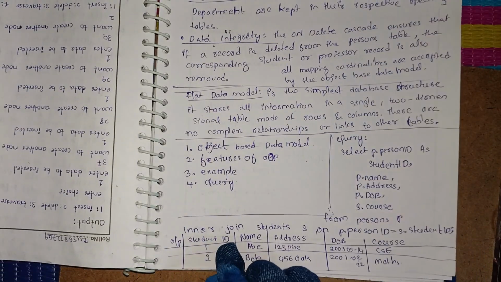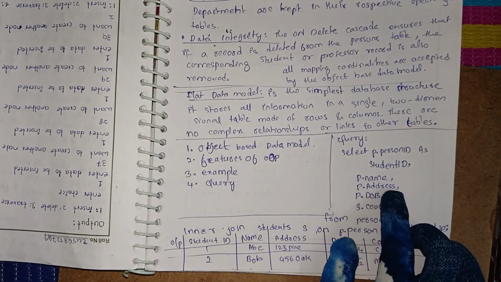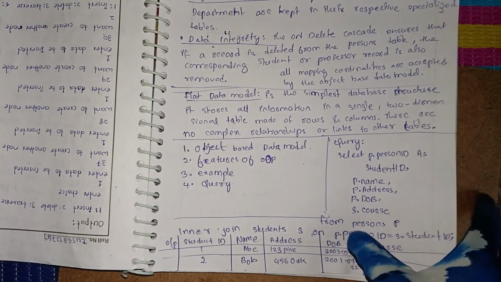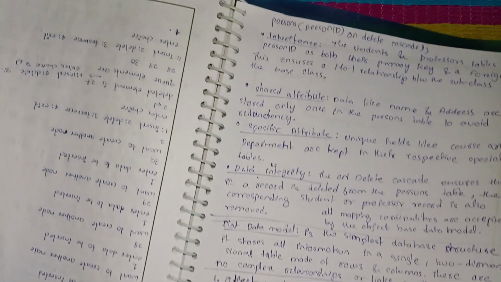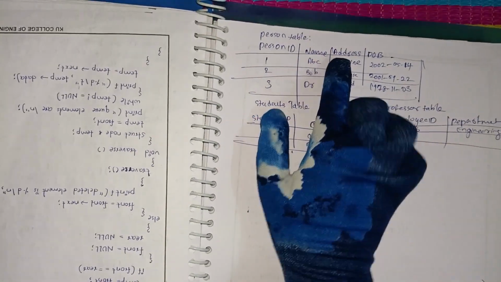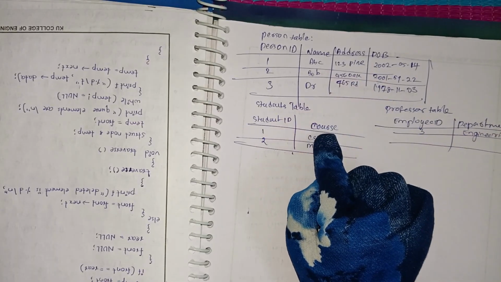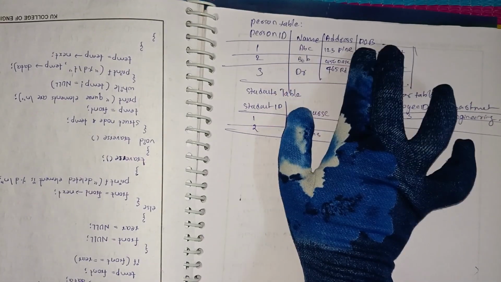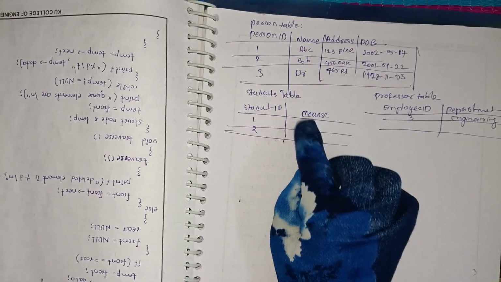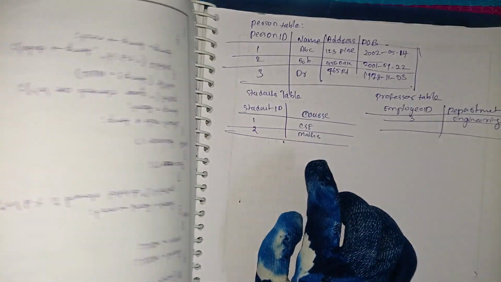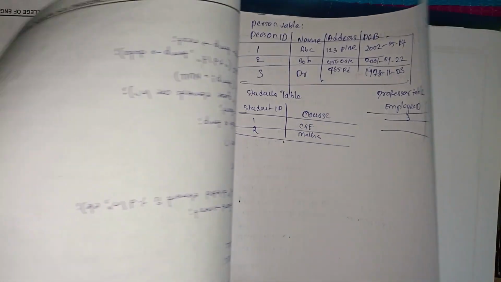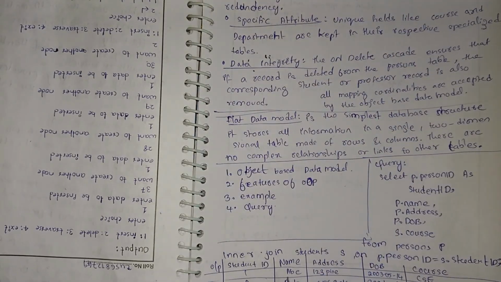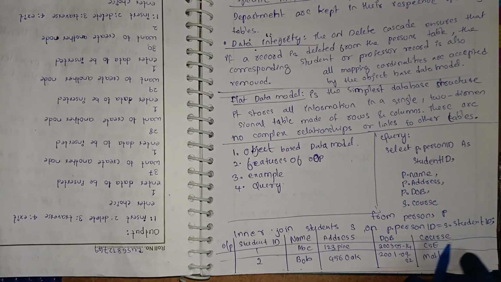Here it is student ID 1 and 2, and P dot name, P dot address, P dot date of birth, and S dot course. We are accessing all columns. In this also one course ID, course name is there. So we got all columns.